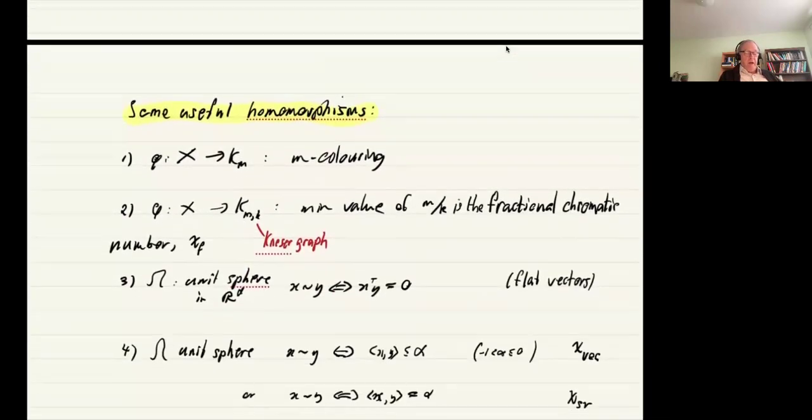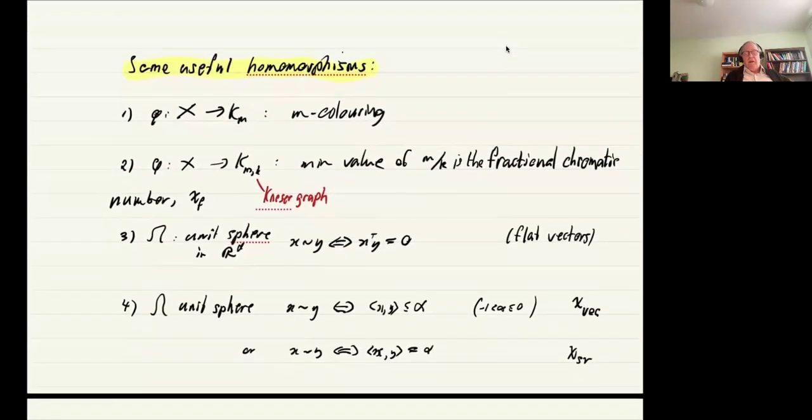Now, the point I want to make about homomorphisms is that there are many useful homomorphisms. I mentioned the colorings, homomorphisms to Km, but we can also consider homomorphisms to the Kneser graph, whose vertices are the k-subsets of an m-set, and two vertices are adjacent if they're disjoint.